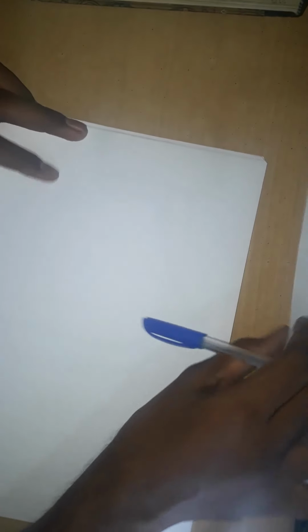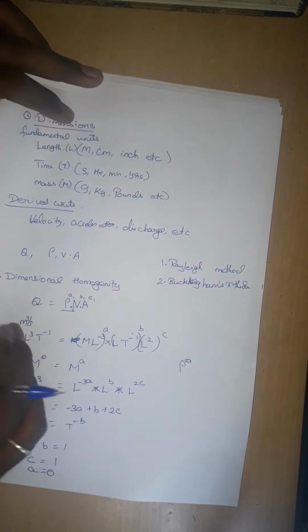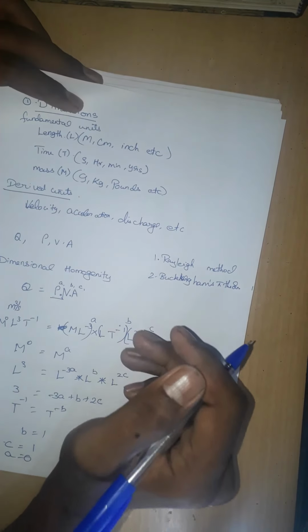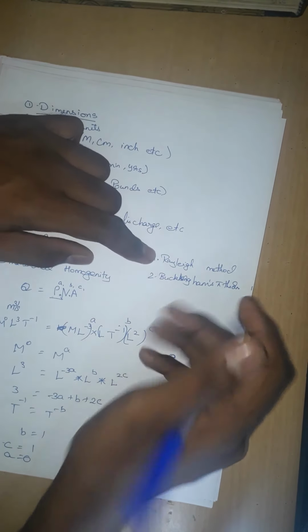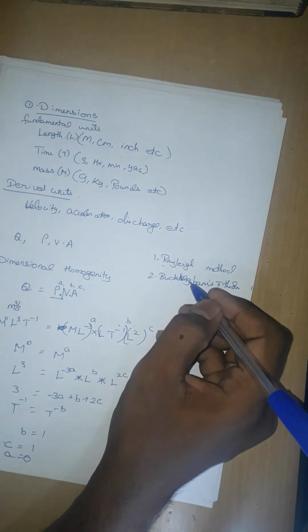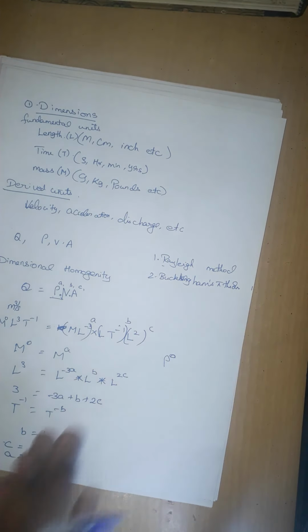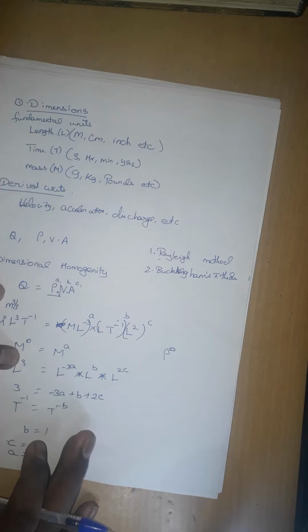The Rayleigh method is used to derive relations between different variables by the same dimensional homogeneity, which we have simply solved right now.